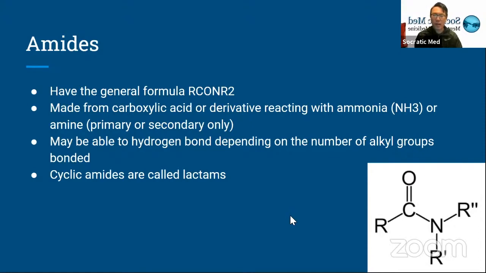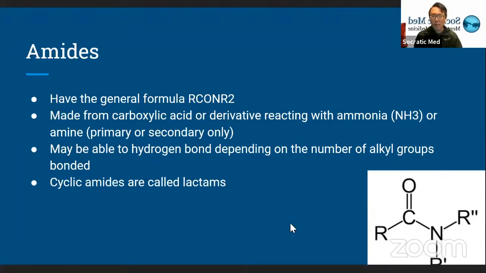But if it's a secondary amine, then the nitrogen won't have any hydrogens attached, so it won't be able to hydrogen bond. And you can have a cyclic amide, and those are called lactams. When a molecule has an amine group and also a carboxylic acid on the same molecule, it can form a cyclic amide through intramolecular bonding, and those are called lactams.